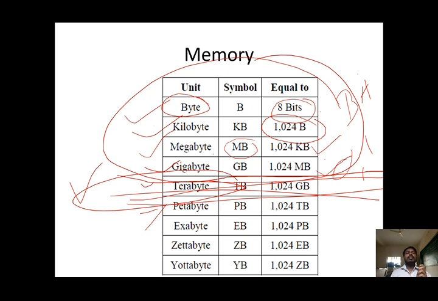Right. 8 bits equal 1 byte. 1024 bytes equal 1 KB, 1 kilobyte. 1024 kilobytes equal 1 megabyte, 1 MB. 1024 MB equal 1 GB, 1 gigabyte. 1024 GB equal 1 terabyte. So if you have a 1 terabyte hard disk, assume that you have a storage capacity of 1024 GB.